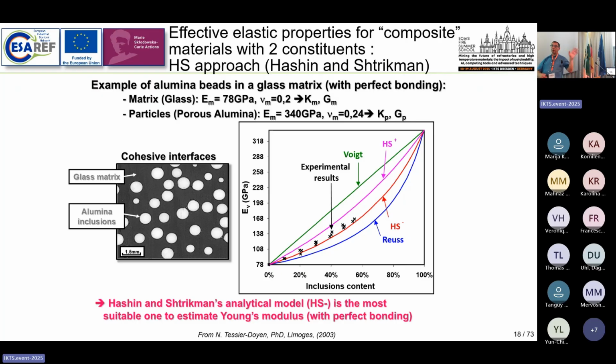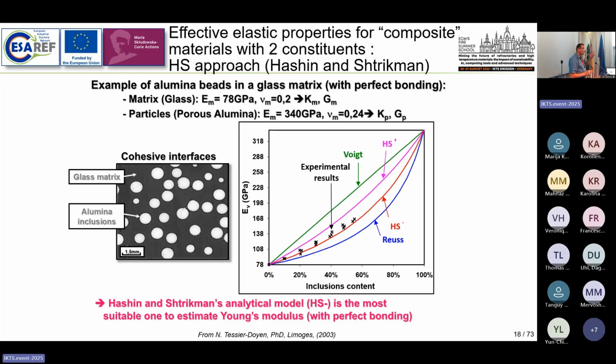Of course, it is very far away from the refractory area, but nevertheless, it fixes the area in which we should be. In that case, if you elaborate a material which you can see as a fully dense composite, glass with bending beads, then the formulation which works well is Hashin and Shtrikman minus. Why is that? Because in most refractory materials, the bonding phase is typically less stiff than the aggregate.